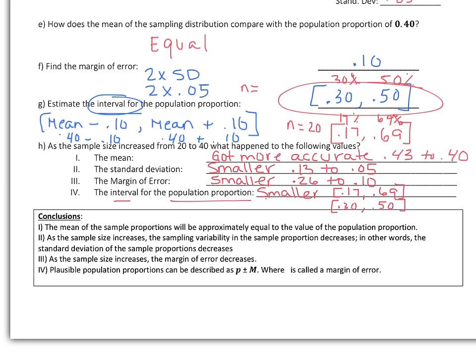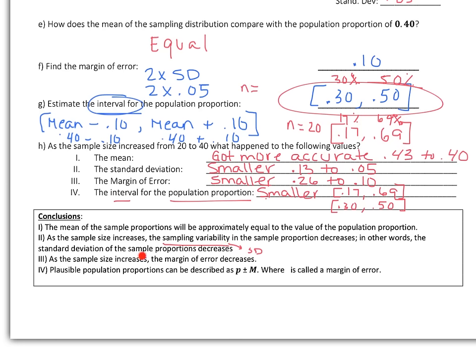So what conclusions can we make about all of this? Each one of these Roman numerals will correspond to those Roman numerals there. So let's read them. The mean of the sample proportions will be approximately equal to the value of the population proportion. That's true. As the sample size increased, the sampling variability, that's the same thing as saying standard deviation, in the sample proportion decreased or got smaller.